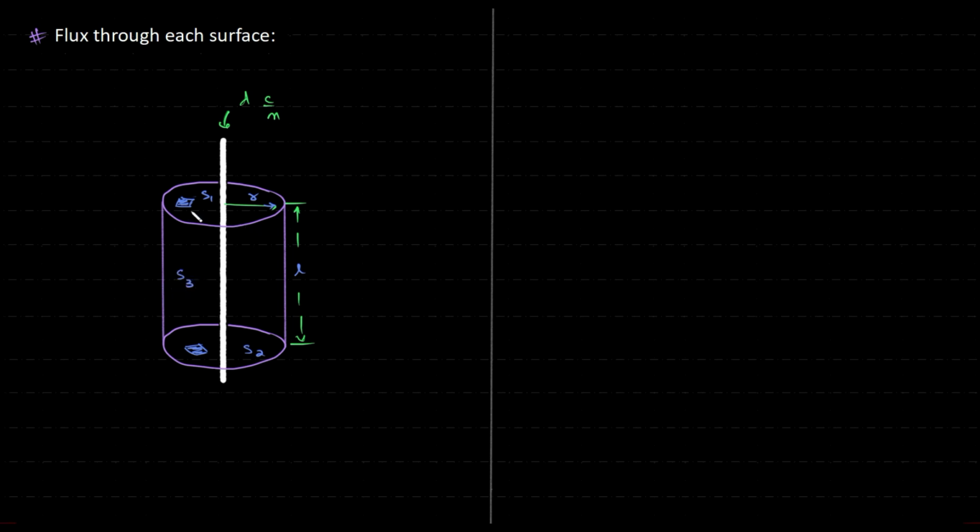Now let's consider a small section of all of this, S1, S2, and S3. So sensibly, we can divide the structure of the entire surface into three different surfaces: top, bottom, and the curved surface. Agree?